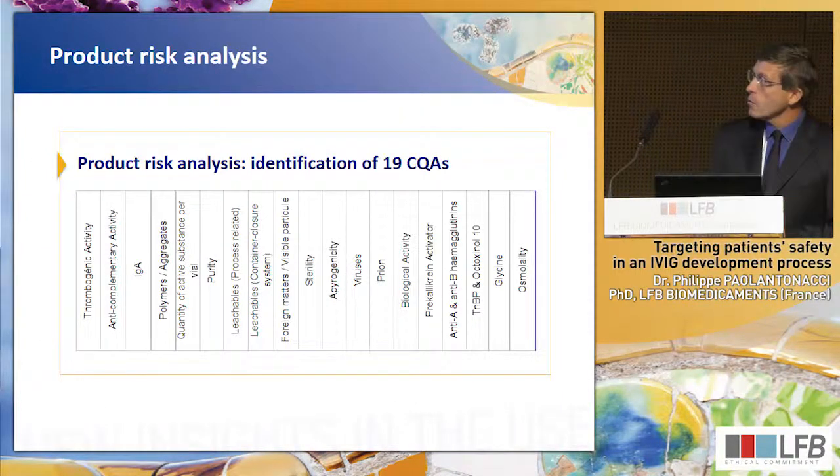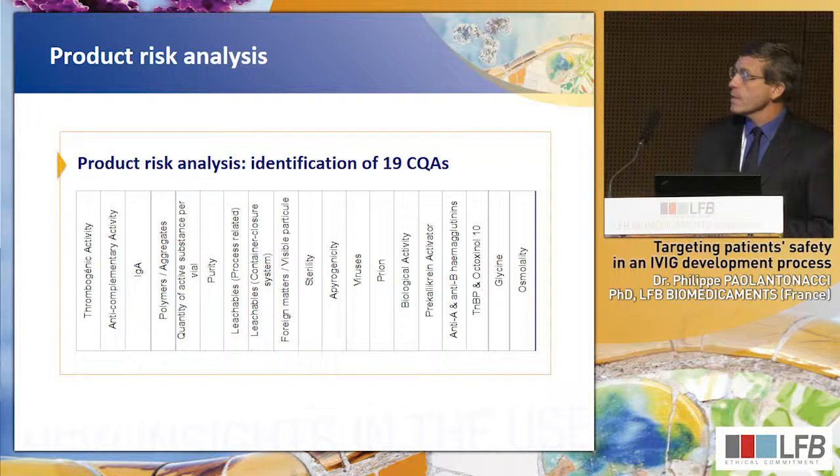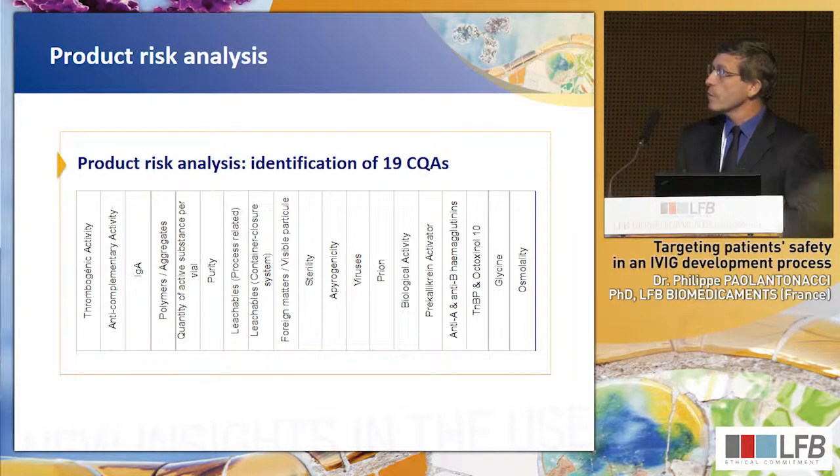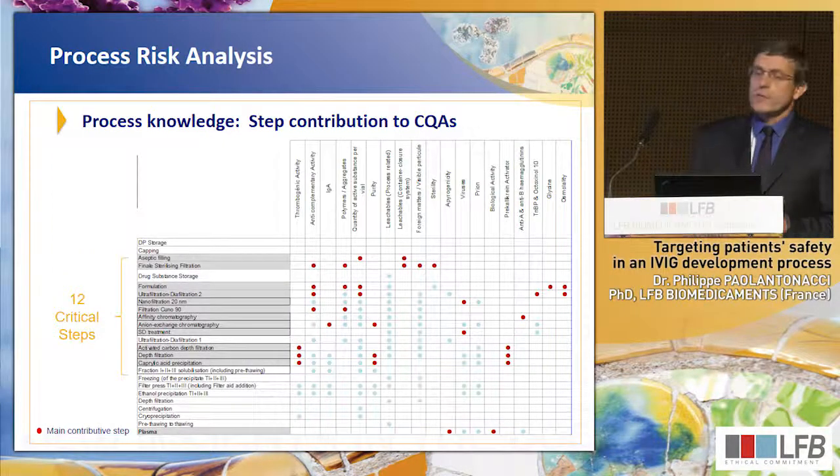The conclusion of the product risk analysis was, for IVIG, the definition of 19 critical quality attributes. So the objective was to manage the performance of the process to clearly obtain these product characteristics through process risk analysis.